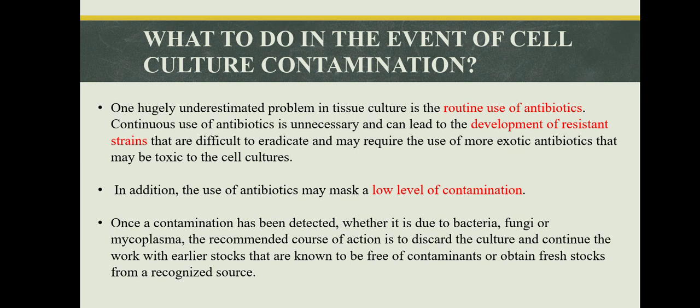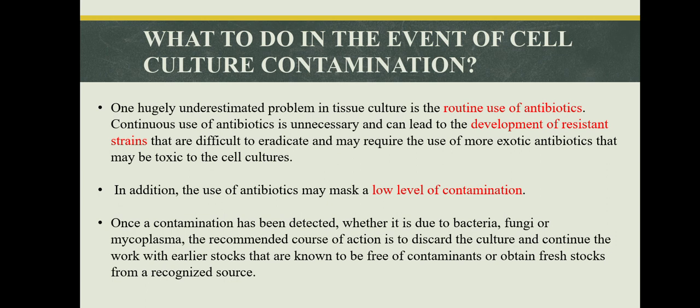What to do in the event of cell culture contamination? One hugely underestimated problem in tissue culture is the routine use of antibiotics. Continuous use of antibiotics is unnecessary and can lead to the development of resistant strains that are difficult to eradicate and may require the use of more exotic antibiotics that may be toxic to cell cultures.